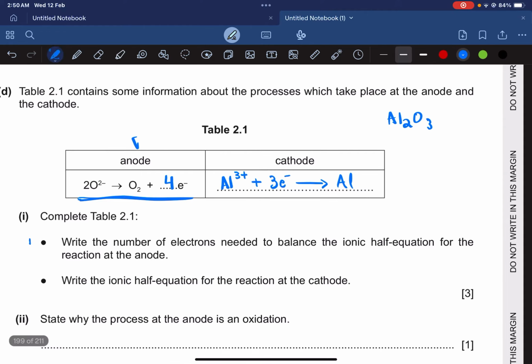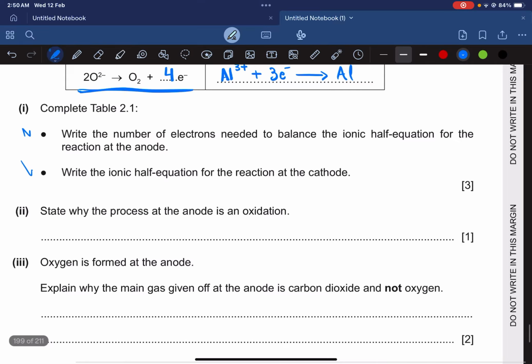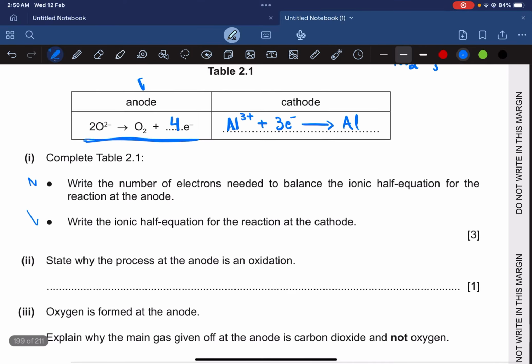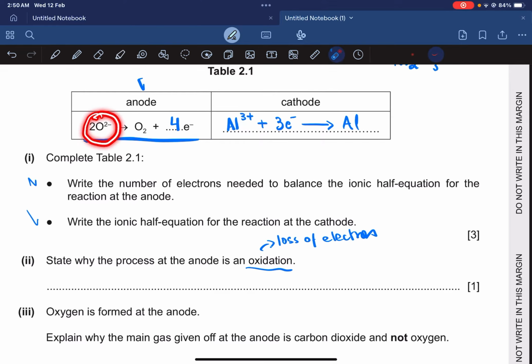Let's move on. State why the process at the anode is an oxidation. Look, oxidation is loss of electrons. What is happening with oxygen? This is the oxide ion. The oxide ion is losing 4 electrons to form oxygen.